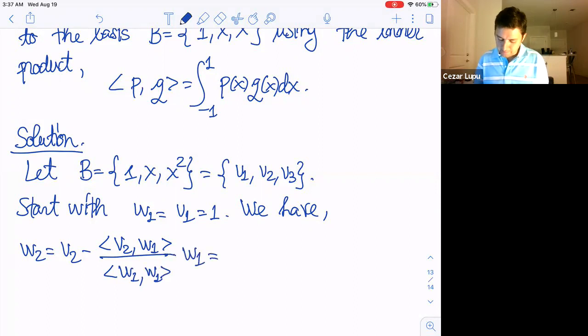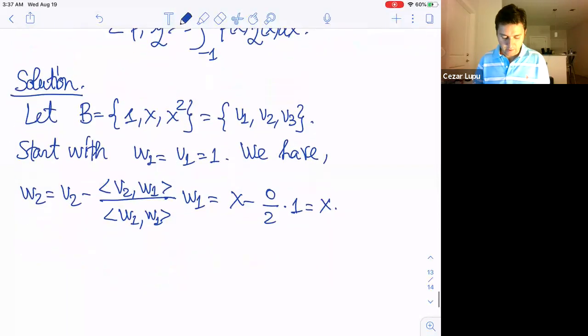Okay, this will give us V2 is x minus 0 over 2 times 1, which will be x. So we get W2 will be the function x. Okay, great. Now we look at W3.